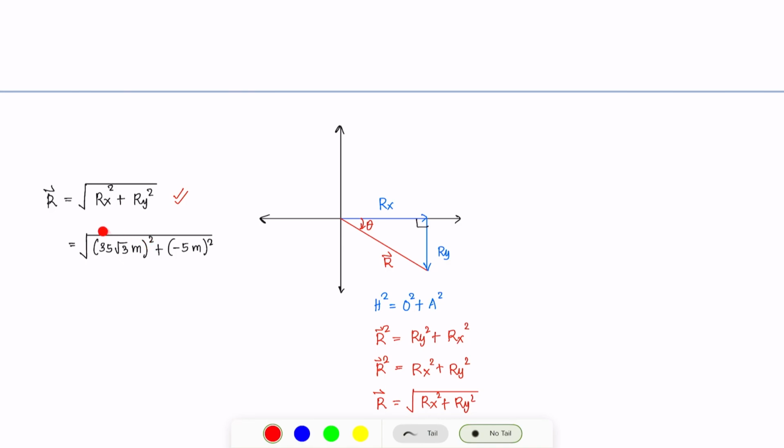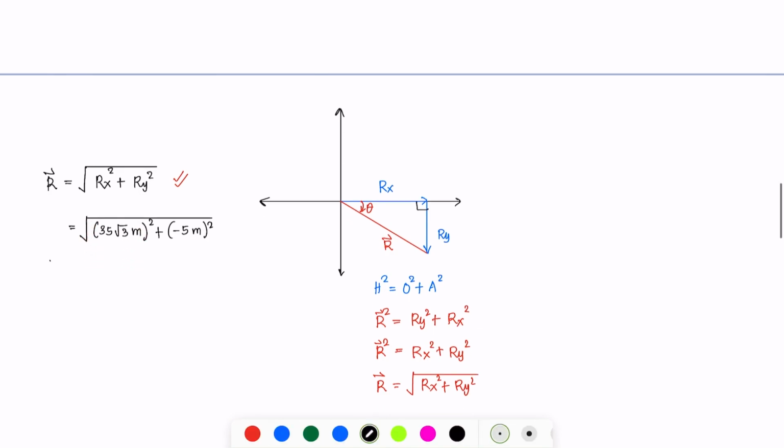So you use parentheses in your calculator. When you plug in those values, your resultant vector will give you 10 square root of 37 meters, and that is approximately equal to 60.83 meters. So that's your resultant vector.